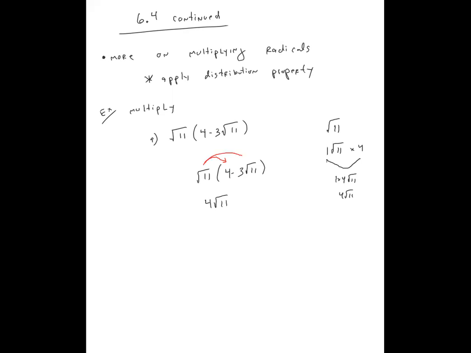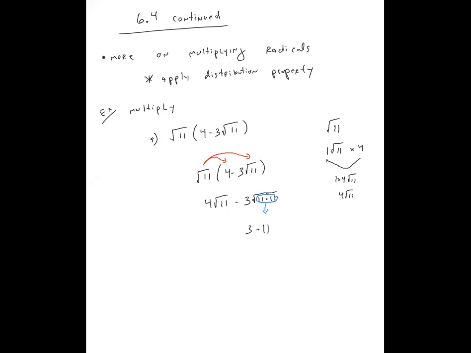Now we do square root of 11 times this negative 3 square root of 11. Keeping in mind that both of them have the same index, we can actually multiply. The 3 is the only whole number, so that goes outside the radical, and inside we have an 11 times an 11. If you recall from last lecture, we're pulling in groups of what, y'all? What is the index? When an index is not present, it means that the index is 2. So here we have two 11s, which means that can come out.